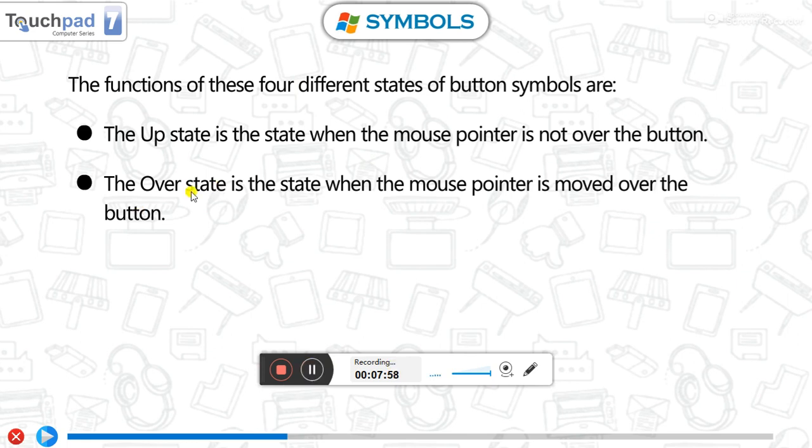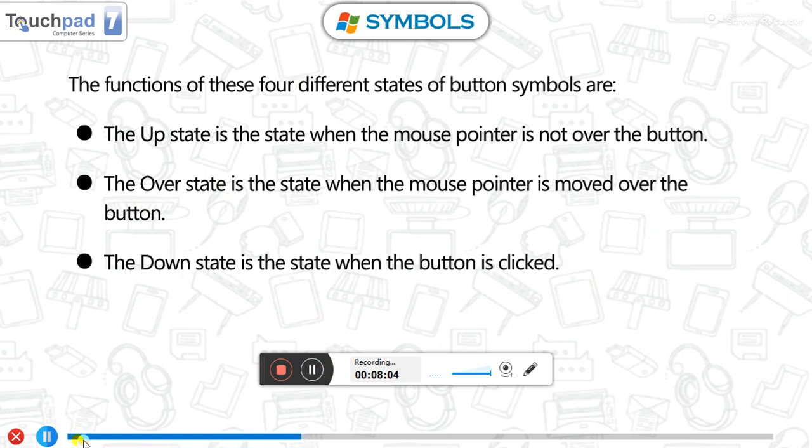Such a state of the button is called the over state. Third one, the down state. The down state is the state when the button is clicked. This is called your down state.